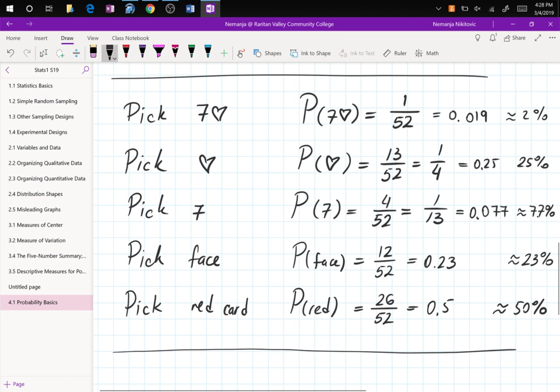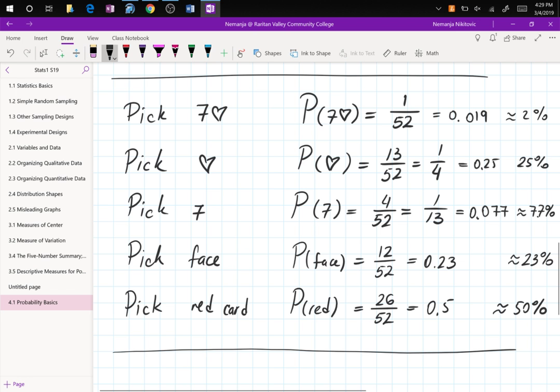Hearts, that's a quarter of a deck, or 52 divided by 4 is 13. So 13 cards are hearts. Each suit has 13 cards, and then you have a quarter as a probability, and you go down between the two suits. So you have hearts and diamonds. They are both red, and they have 26 red cards.